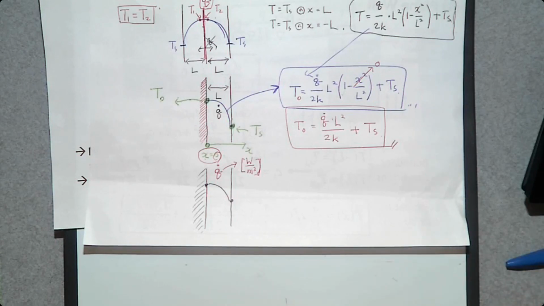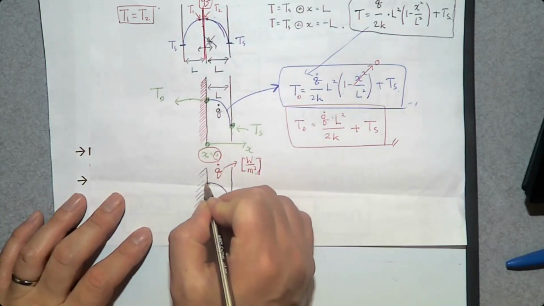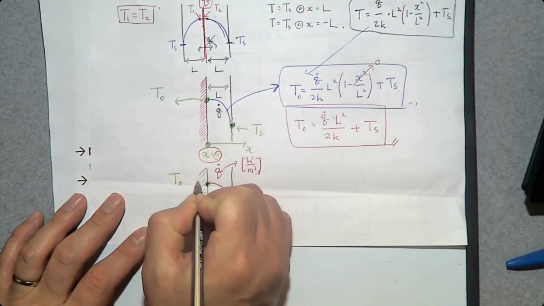Then, if you assume that this is a steady state heat conduction problem, what makes it steady state heat conduction? We should have constant temperature T0, constant surface temperature Ts. So this T0 and Ts should be constant. Then it is a steady state.